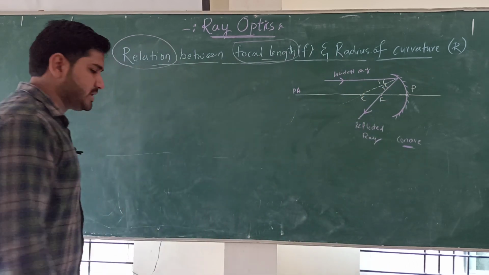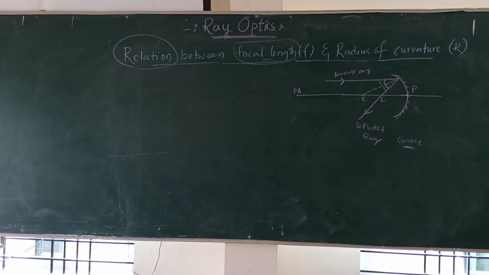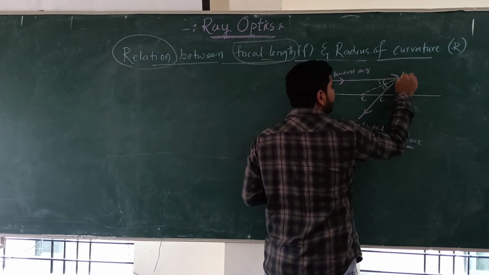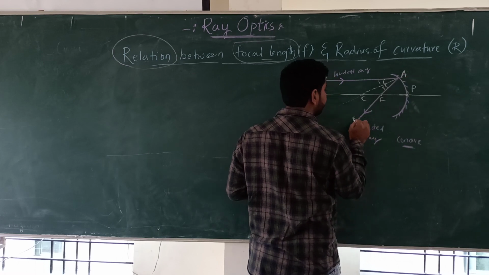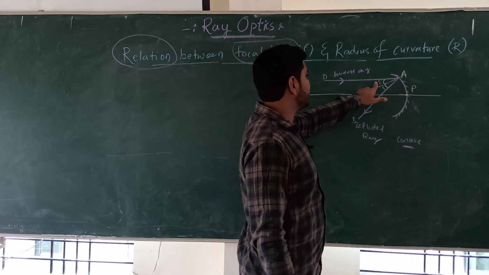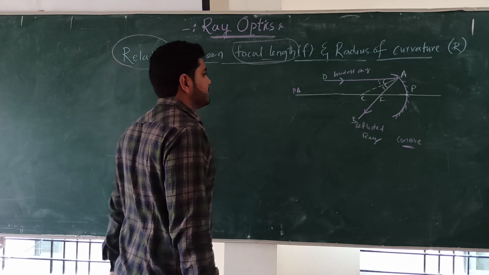Hope you understood this. I am giving these names O, A and B. Therefore, if this is the normal, this will be the angle of incidence and this will be the angle of reflection.